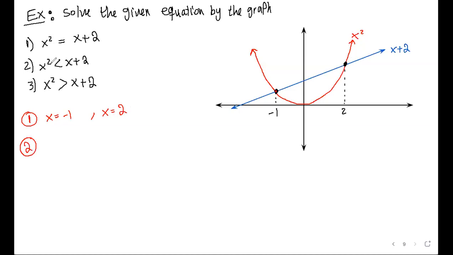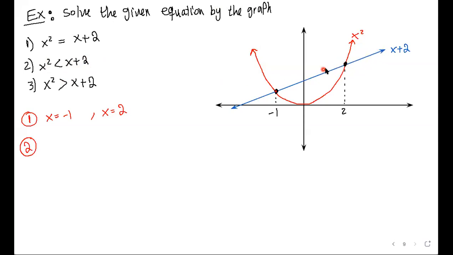They ask when x squared is less than x plus 2. When the graph x plus 2 is above the graph x squared. When the graph of x plus 2, the line, is above the second graph, x squared.